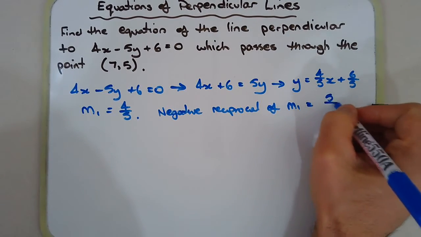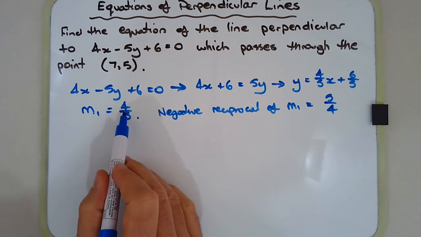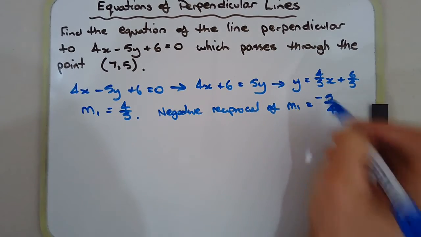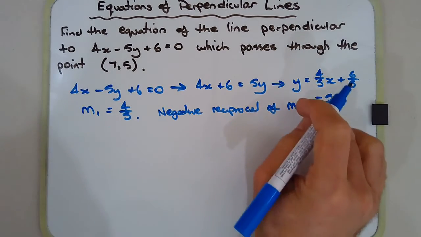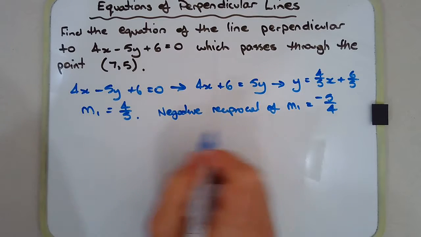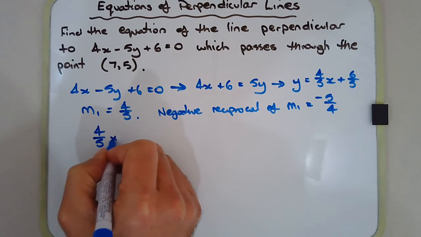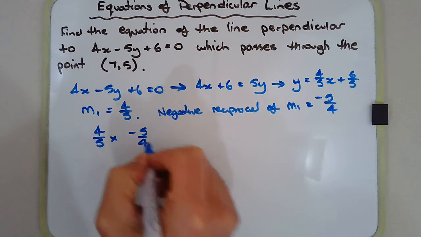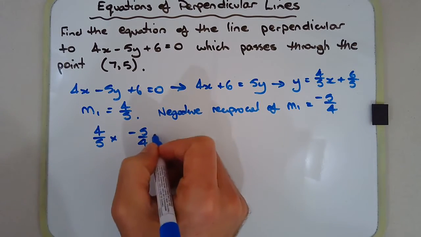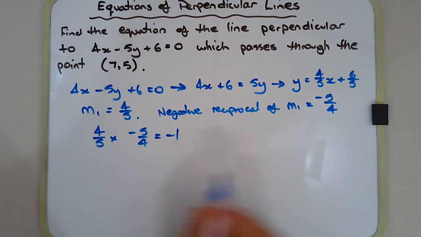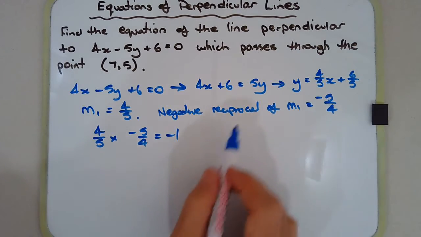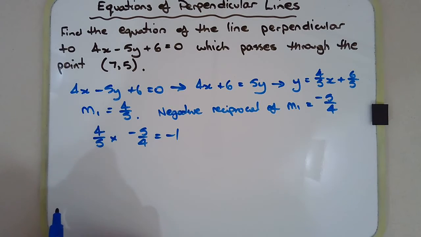So it's 5 over 4, and then changing the sign. If that's positive, we make this negative. Just to test that the two gradients are perpendicular, we have 4 on 5 multiplied by negative 5 on 4. If you multiply those two together, we certainly get negative 1. So negative 5 on 4 is perpendicular to 4 on 5.